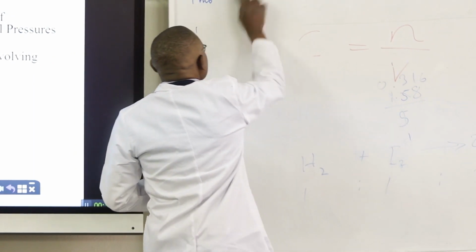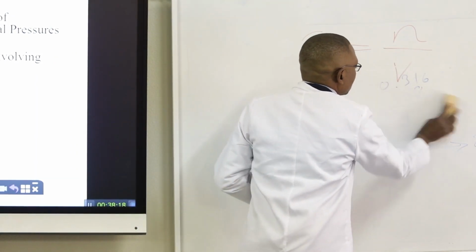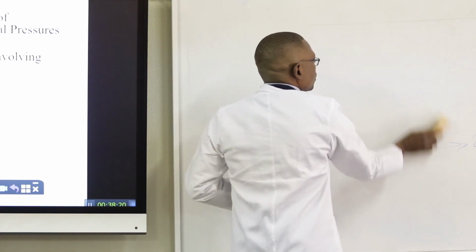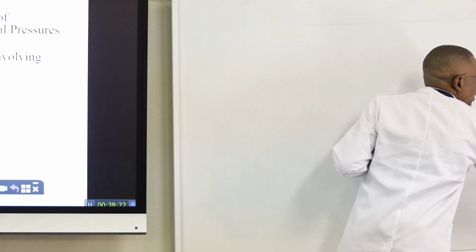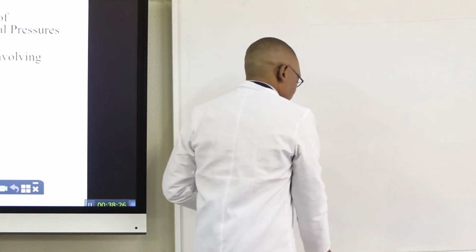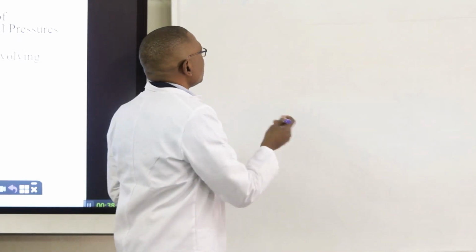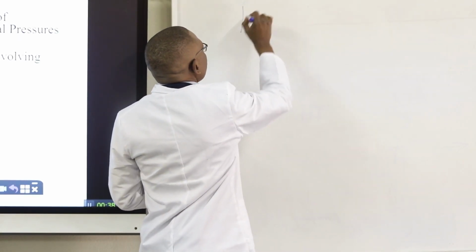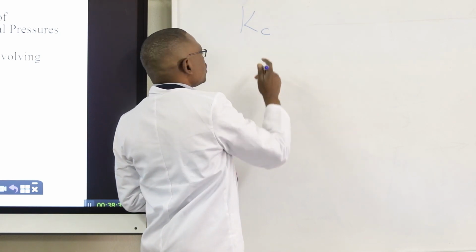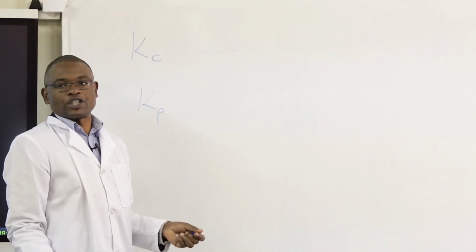But now, earlier on we indicated that some materials you can measure their concentrations in terms of the partial pressure if they occur as a gas. So in this case, if your materials are in gaseous state, instead of having Kc, C for concentration, we are going to have Kp, where P is the partial pressure.